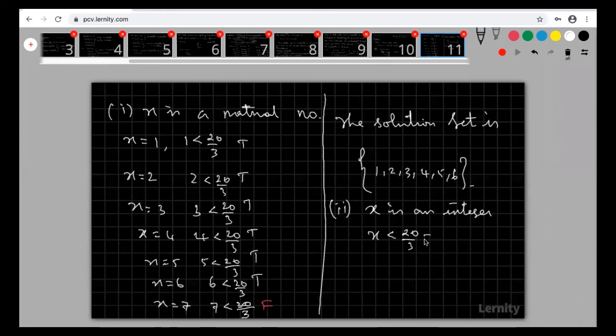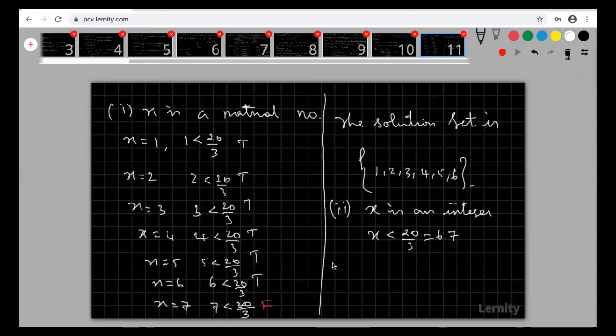This is approximately 6.7. So those integer values of X satisfy this inequality: 6 satisfies, 5 satisfies, X equal to 4 satisfies, 3, 2, 1, 0, minus 1, minus 2, minus 3, minus 4, everything satisfies.